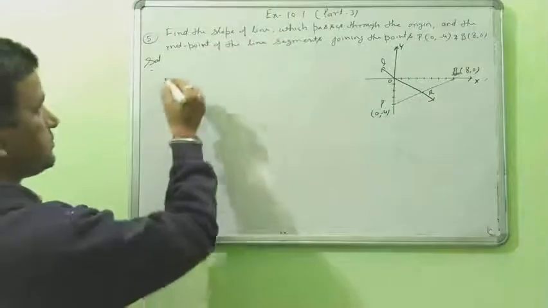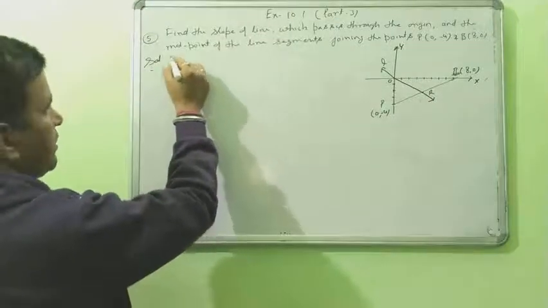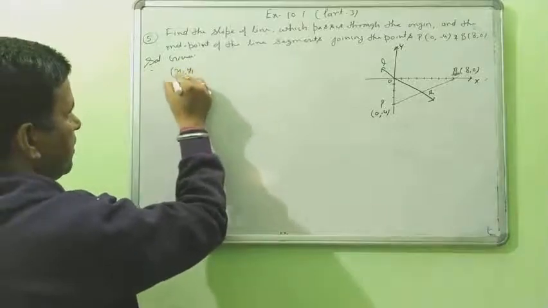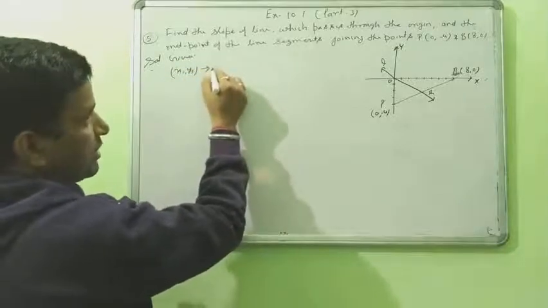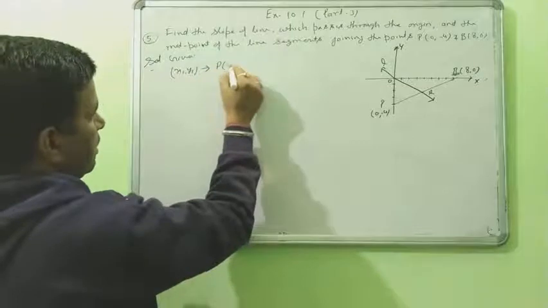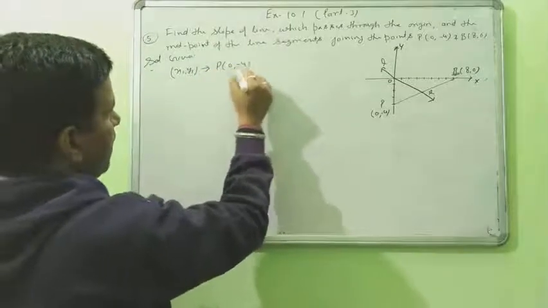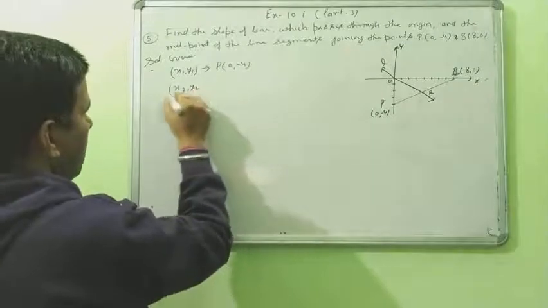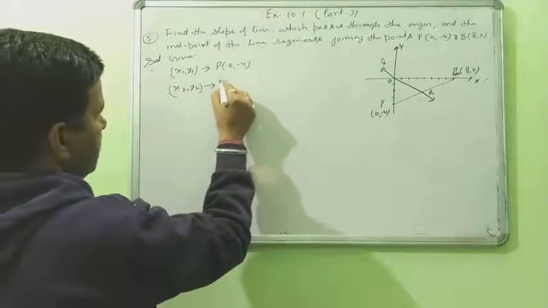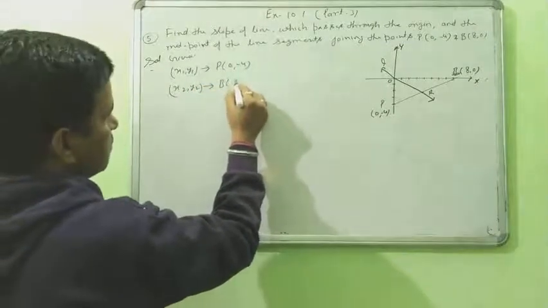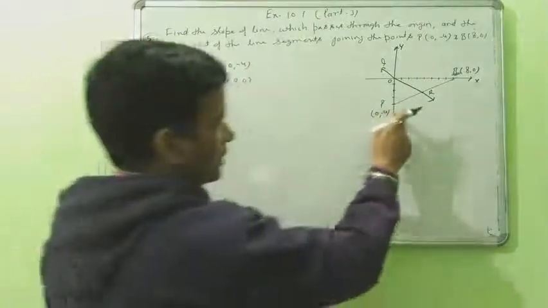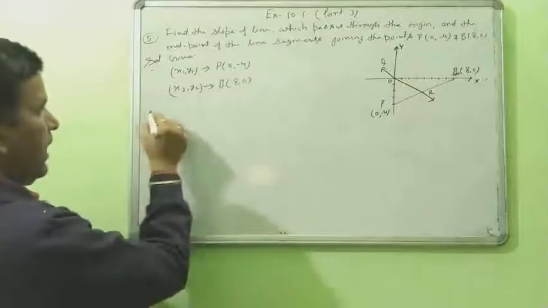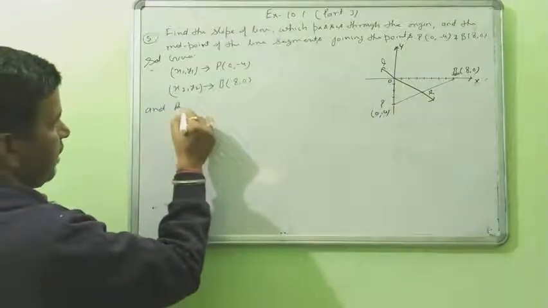Now here x1, y1 indicates point P (0, -4) and x2, y2 indicates B (8, 0).